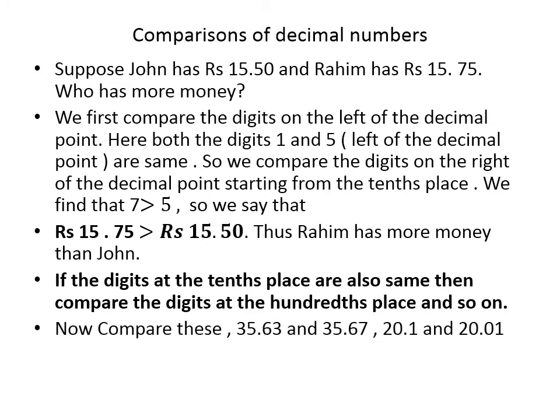Now you can compare these numbers: 35.63 and 35.67, 20.1 and 20.01. One more example is given. You can compare these numbers and find out which number is the greater one.